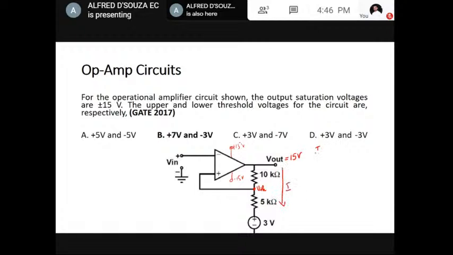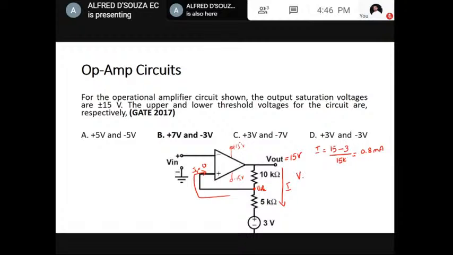I is equal to 15 minus 3. Current entering this terminal is 0, negligible, so the entire current I will flow through these two resistors. So I can directly write 15 minus 3 divided by the total 10K plus 5K, which is 15K. That will be 0.8 milliampere.